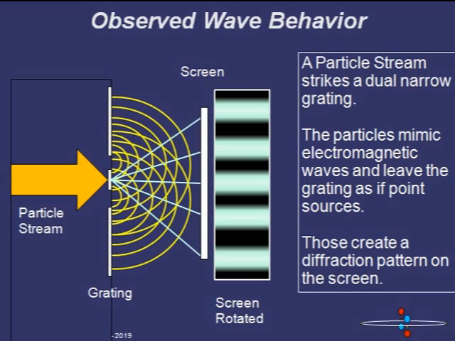When they hit the grating, at the aperture points, the open spots in the grating, each aperture spot changes the flow from a straight particle stream into a spherical point source. Those two point sources then interfered and show up on a screen as light and dark sections, just like light would behave going through the double grating. And this is the behavior that we're expecting to prove through theory.